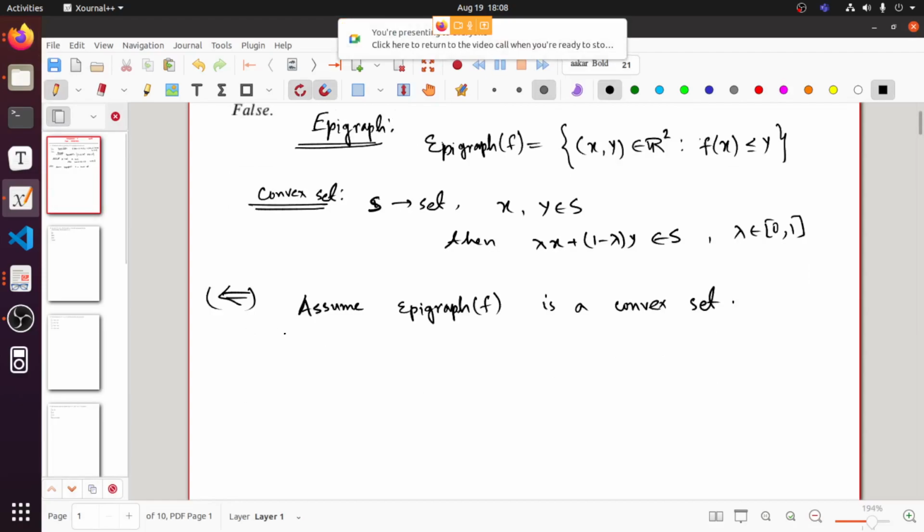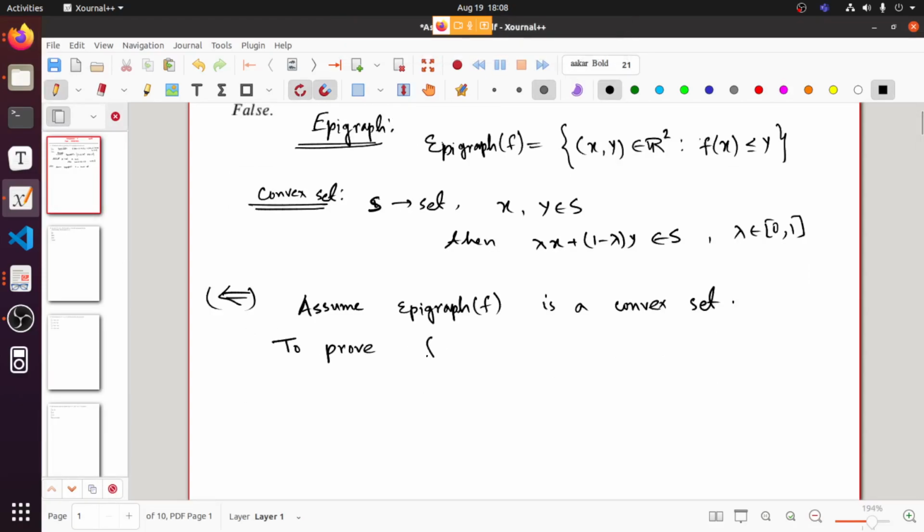So what to prove? To prove that f is a convex function, right? We will prove this by contrapositive argument.